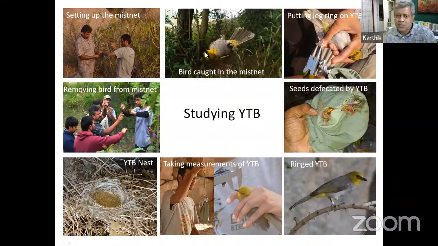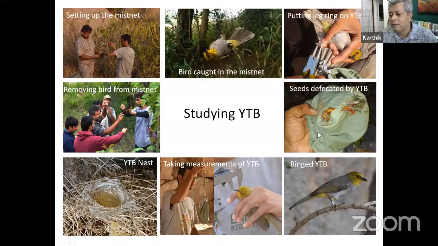People like Ashish, me, we are sitting somewhere, hiding ourselves a little away from where we have put the net. And then after we see a bird getting caught, we quickly go and pick it, we remove the bird here, and then we put a ring on it. This is not to hurt the bird. This is how you hold the bird without injuring it or causing any harm to it.